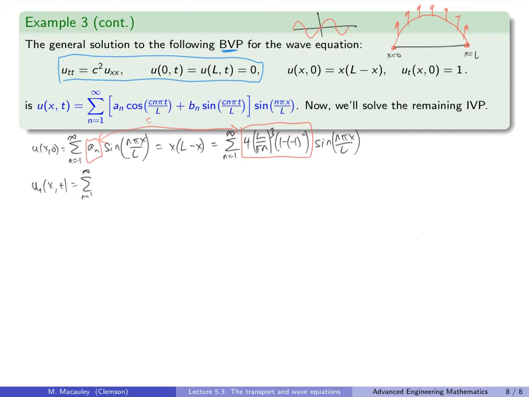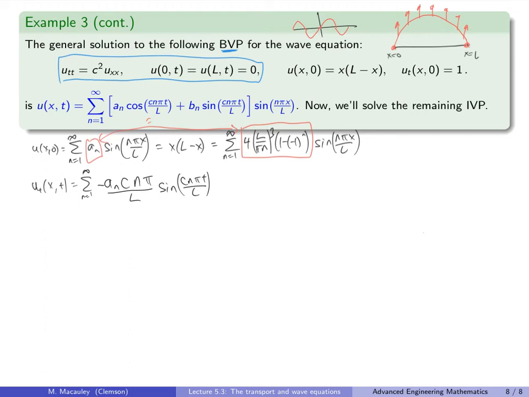So we have a_n c times n pi over L times sine of cn pi t over L. I know we have a negative sign here because we're taking the derivative of cosine.